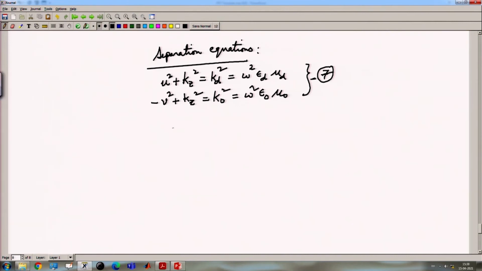Here, the variation along the x direction was e to the power minus v x, which can be written as e to the power minus j times minus j v x.